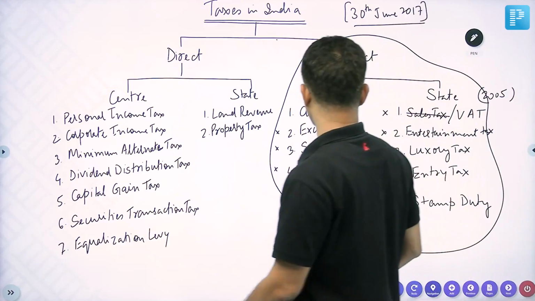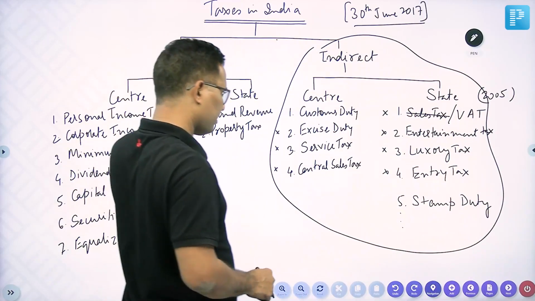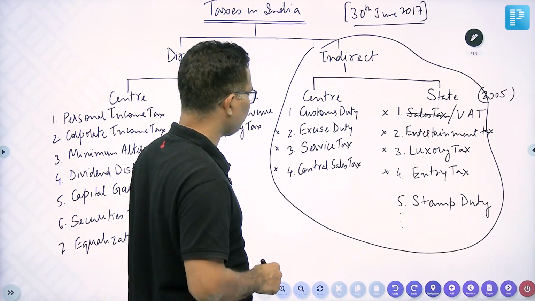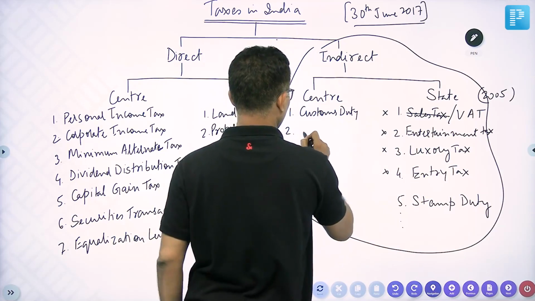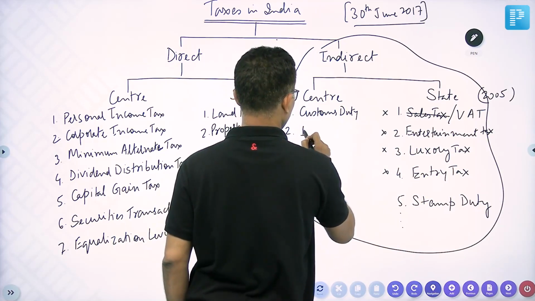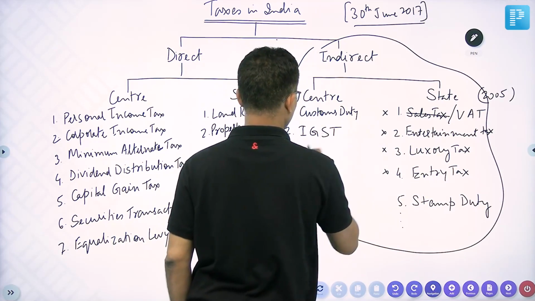Okay. So how does this structure look when GST came?